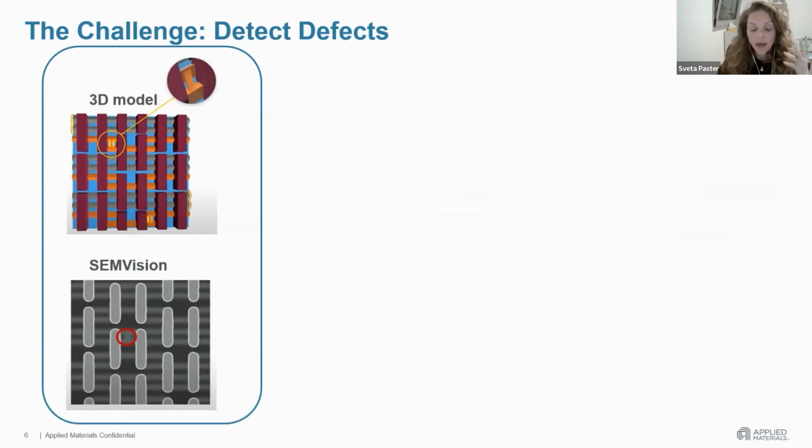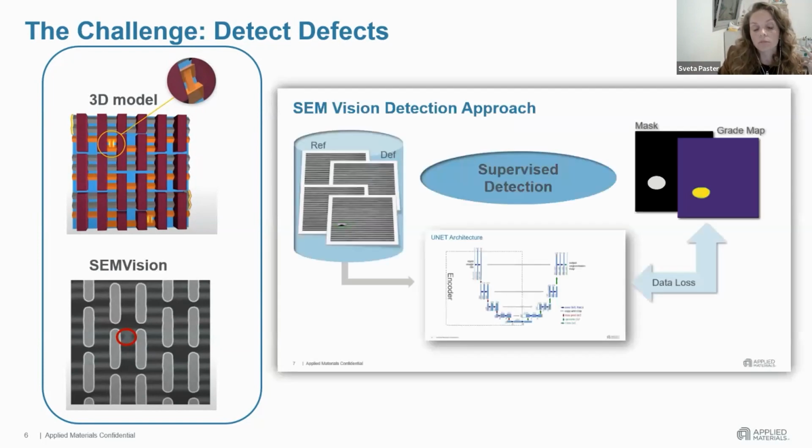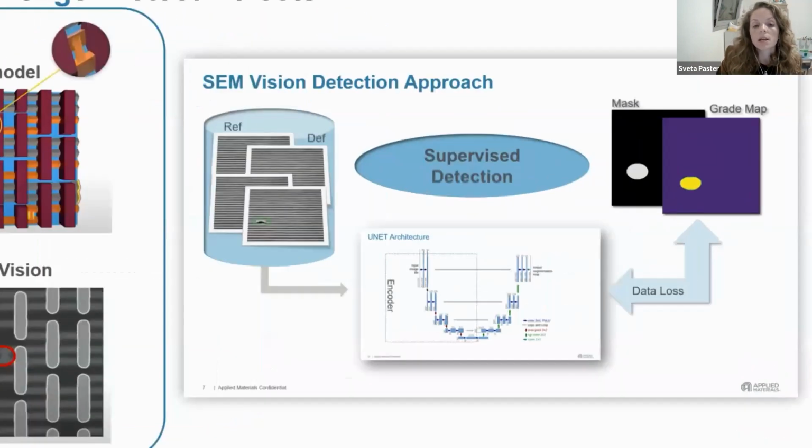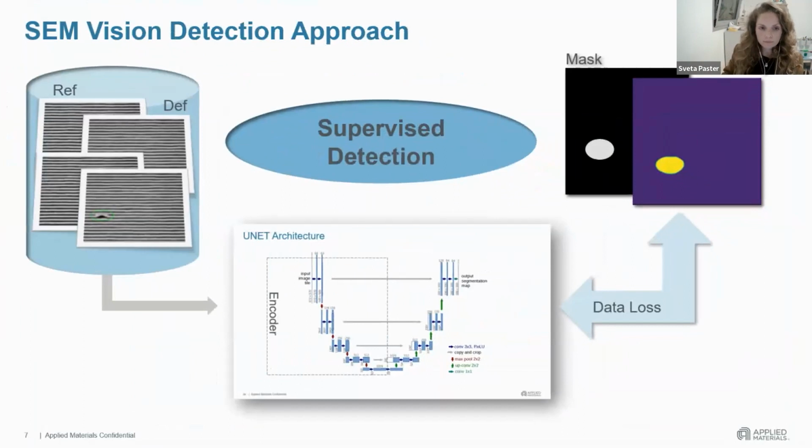As I said, we have different types of datasets with different backgrounds, and also different types of defects: big defects, small defects, medium ones, with low SNR. One of our detection solutions is supervised detection.